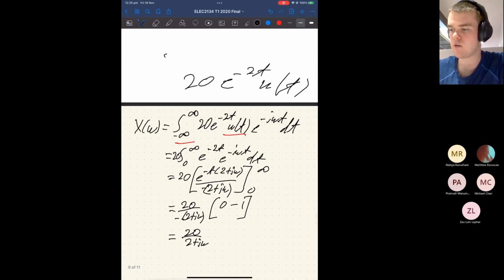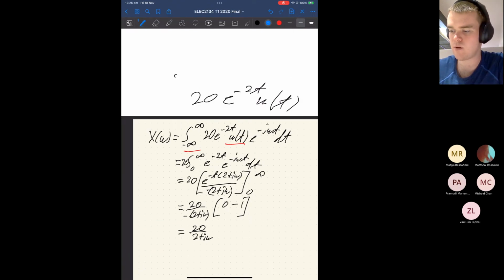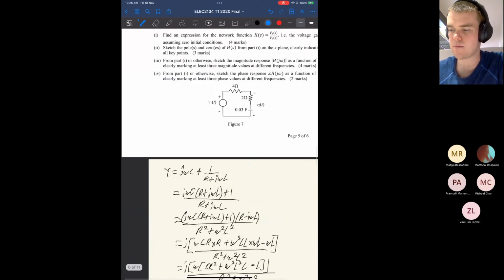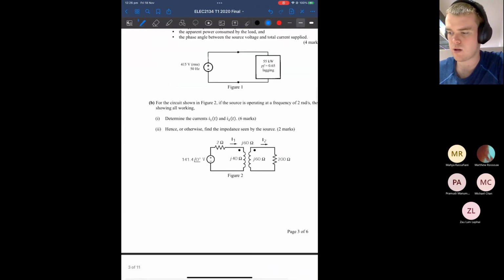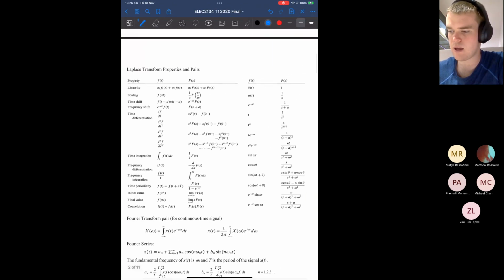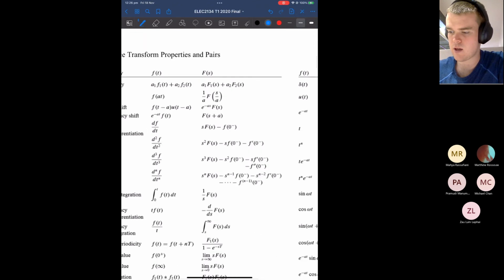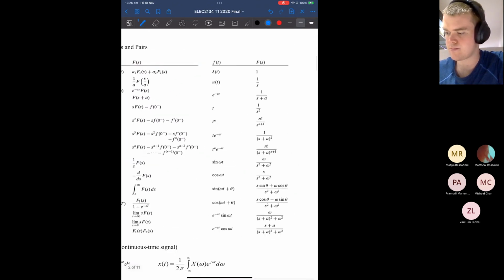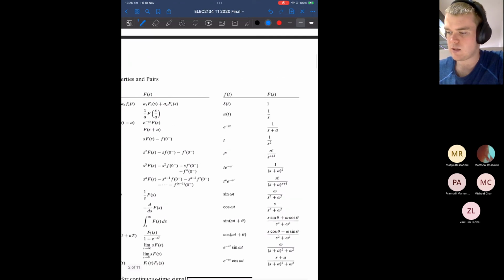Now, we know from, if we have e to the minus 2t u of t, we scroll all the way up to the top. We can see we have our Fourier transform pairs that, where is a good example? That e to the minus at is equal to 1 on s plus a.